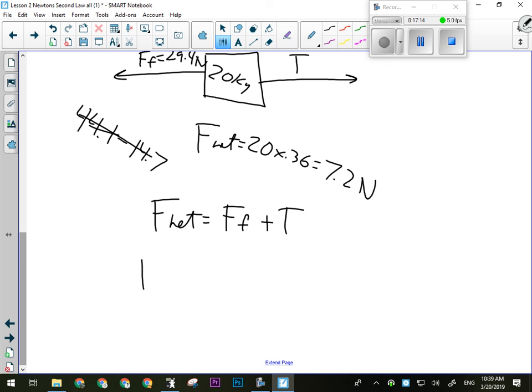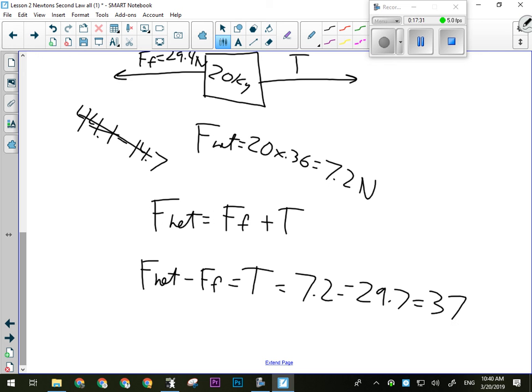So I'm just going to subtract the friction. F net minus the force of friction equals that pulling force that's forward. So that'll be 7.2 minus negative 29.7, and that's going to give me, again, 37 newtons. It didn't matter which box I used, I get the same tension.